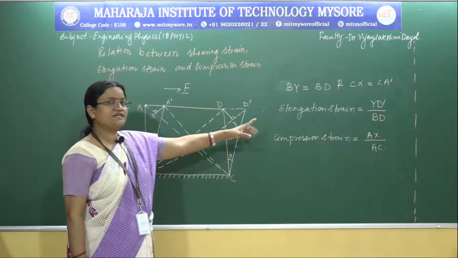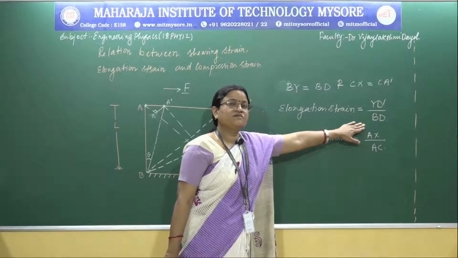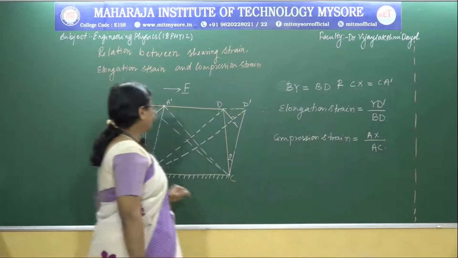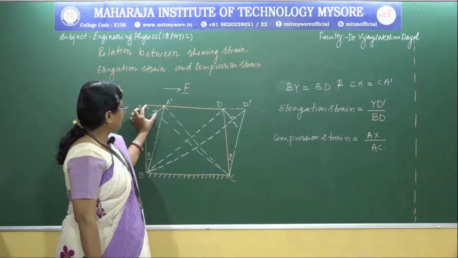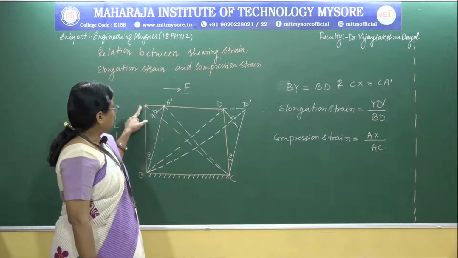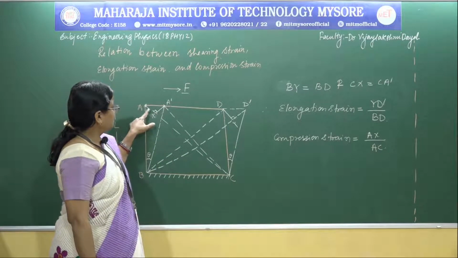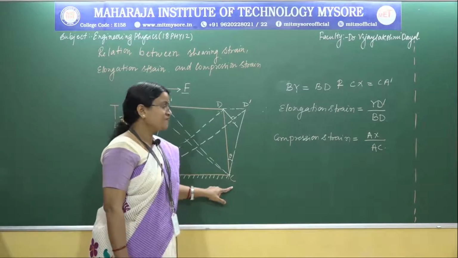So elongation strain can be written as YD dash divided by BD, and the compression in AC is by AX. So change by original, the compression strain will be equal to AX by AC.